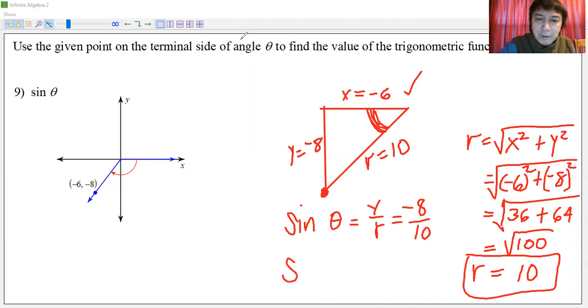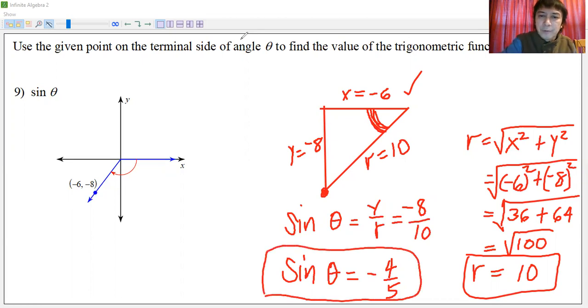And so sine of theta can be reduced to lowest terms. That would be -4/5, by 2 and by 2. So that becomes 4 and 5, yes. So it's a negative sine function at the third quadrant, okay?